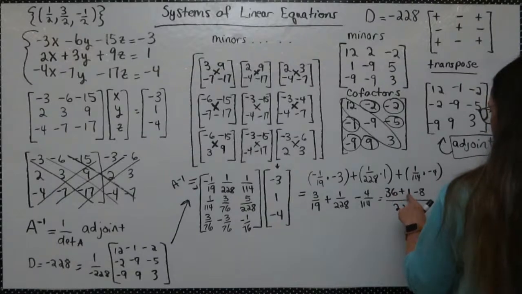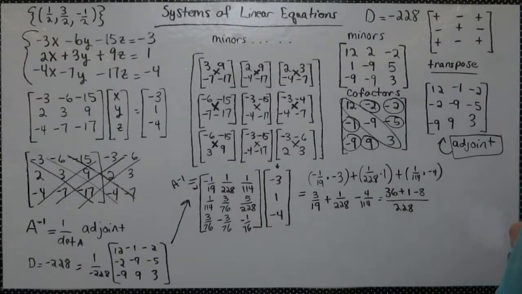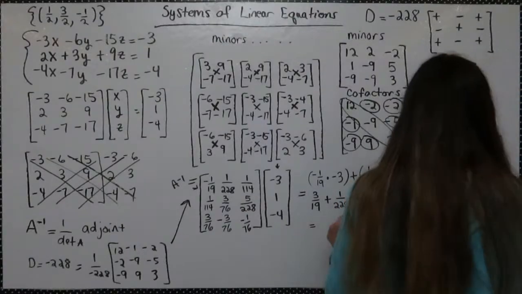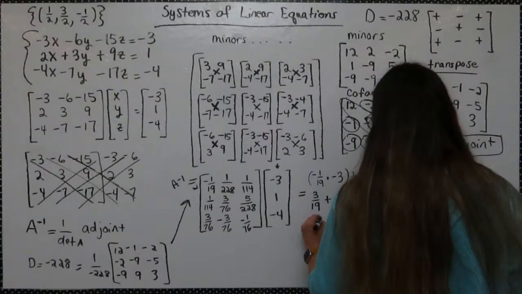So 36 plus 1 is 37, minus 8 is 29. Okay, so for this first position, I'm getting 29 over 228.